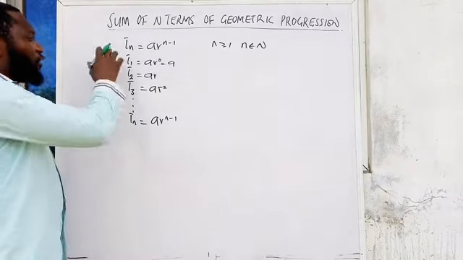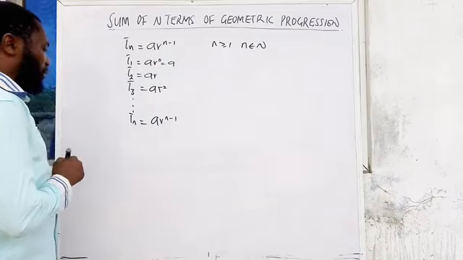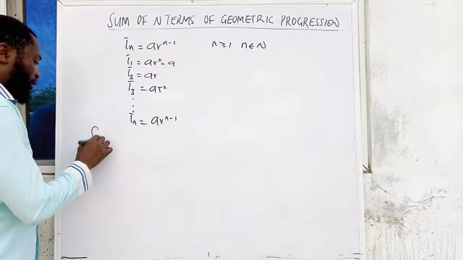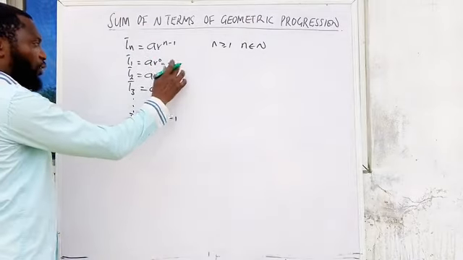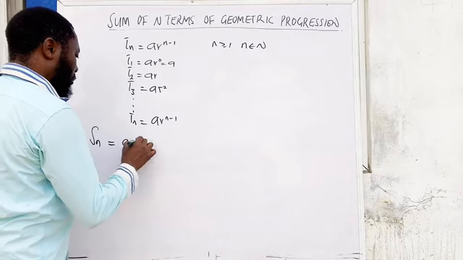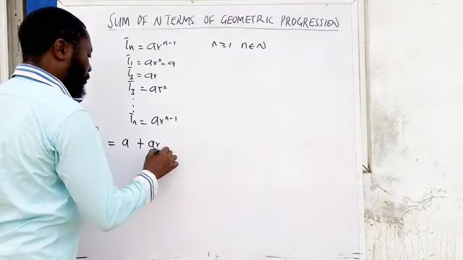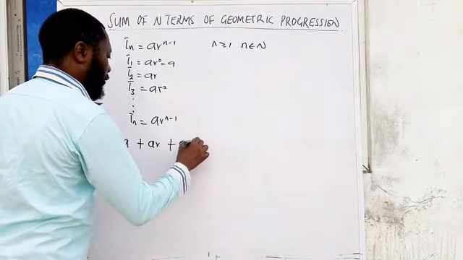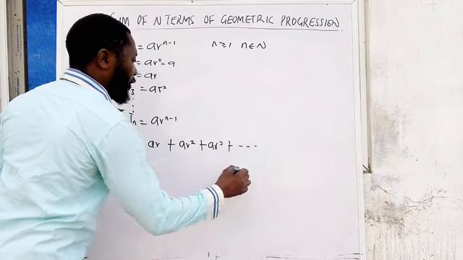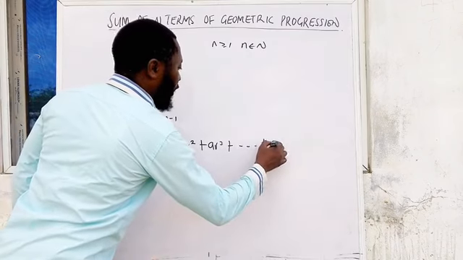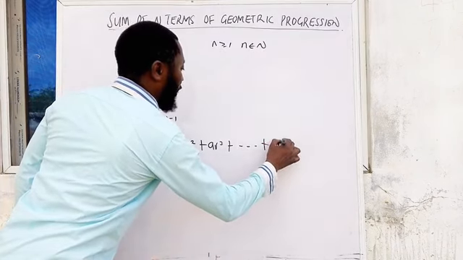Now their sum, which is denoted with the letter Sn, equals the first term a, plus the second term, which is ar, plus the third term, which is ar squared, plus the next one, ar raised to 3, until we get to the nth term, which is ar raised to n minus 1.